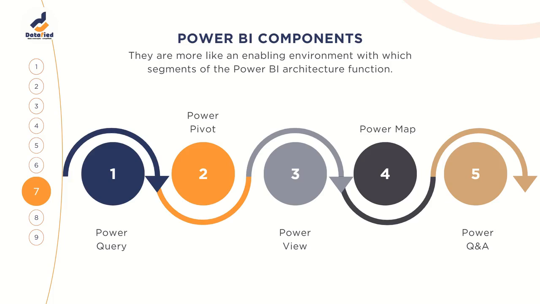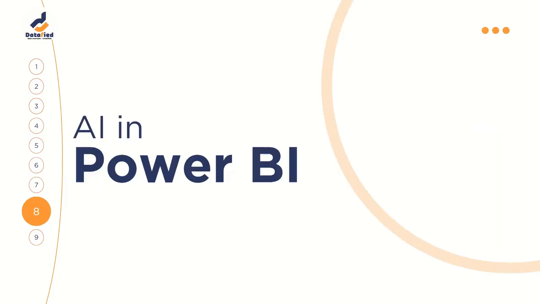So we can ask questions like that using Power Q&A. It also automatically generates appropriate visualizations based on the query you set in Power Q&A. These are some of the components of Power BI that you will learn about as you go deeper into the exploration of Power BI as a tool for data visualization.